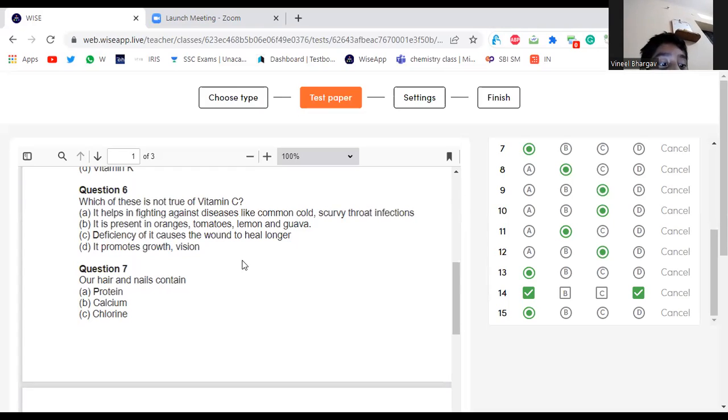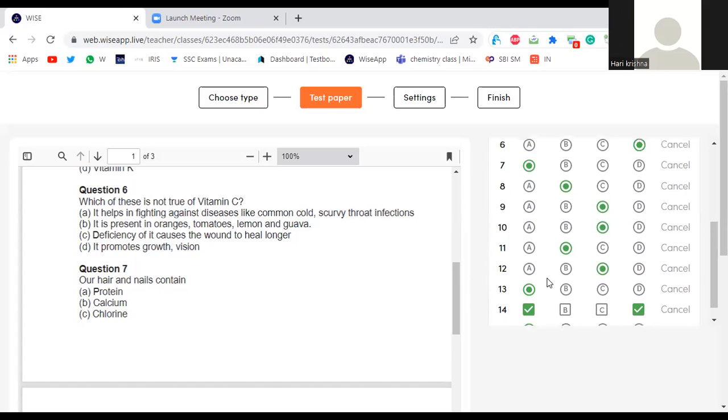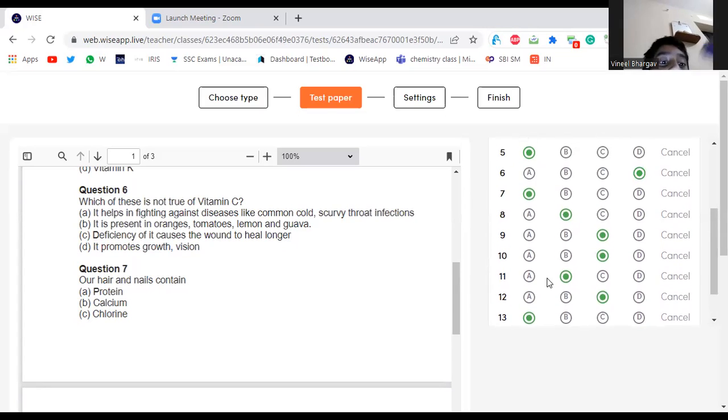But vitamin C will not help in growth or vision. Listen carefully. Vitamin A helps, not vitamin C. So option D is correct. Yes, I got it correct. Is option D clear for everyone?